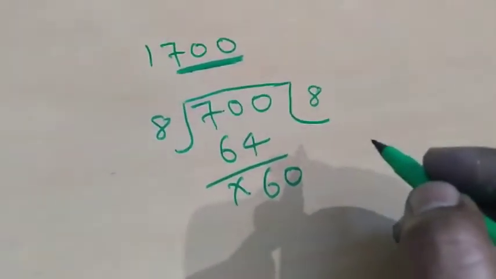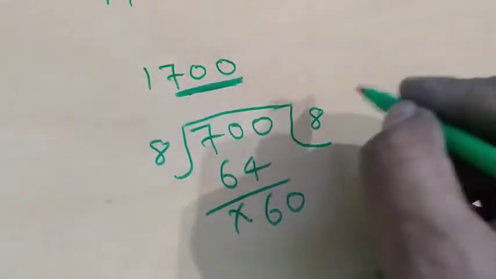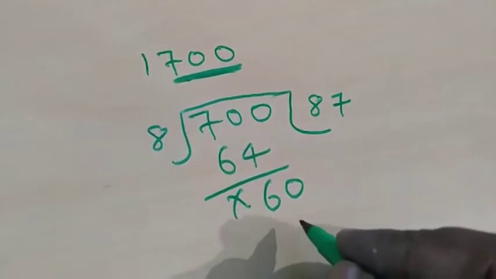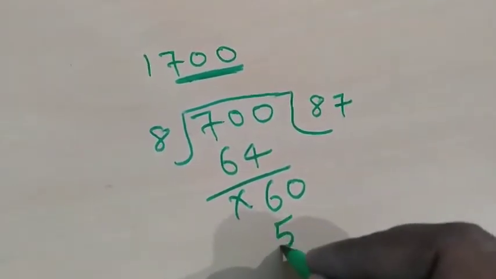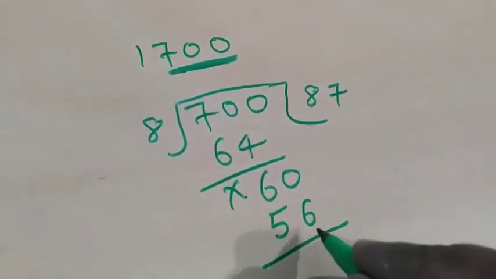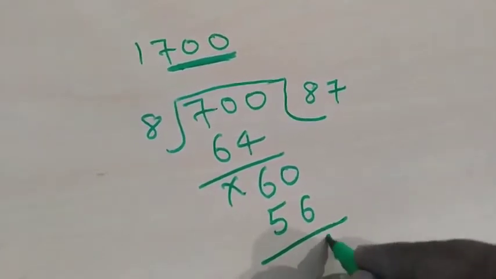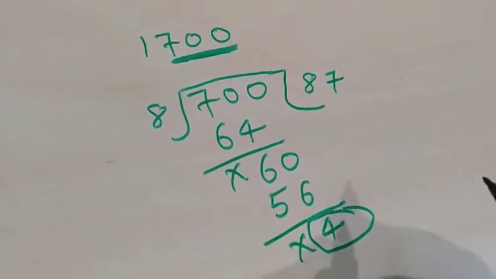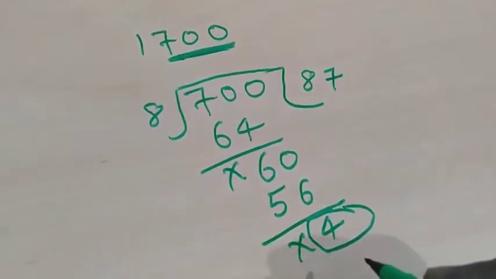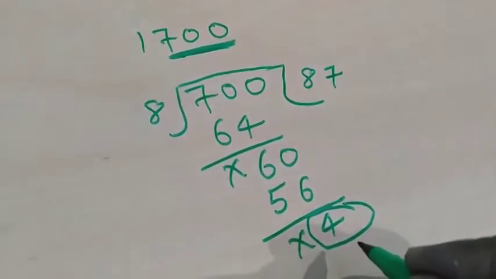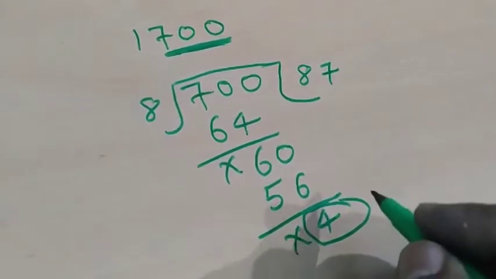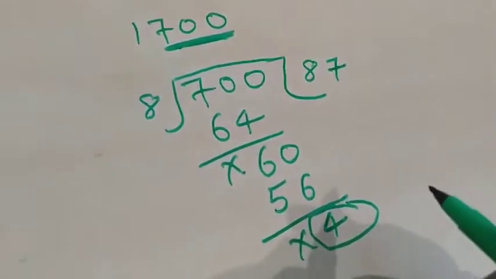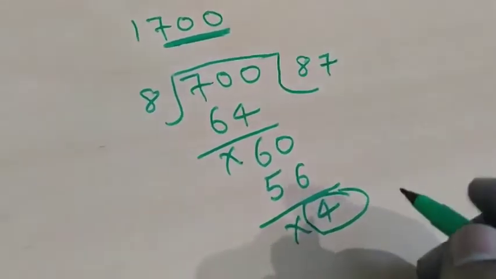So how many times? 7 times. 8 7s are 56. So here 4. You can see the remainder is 4. So it means that 700 is not divisible by 8.